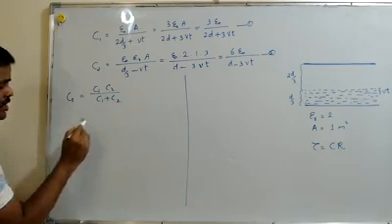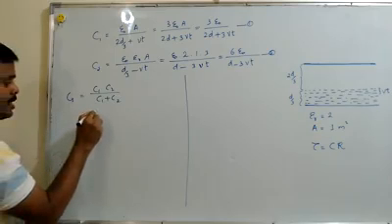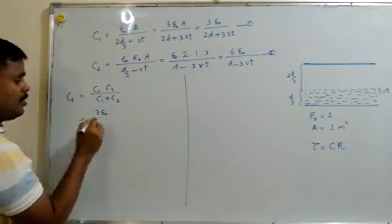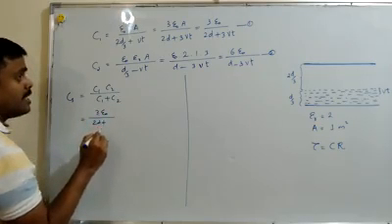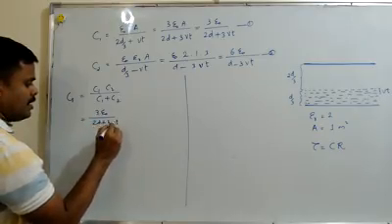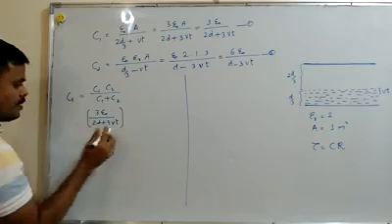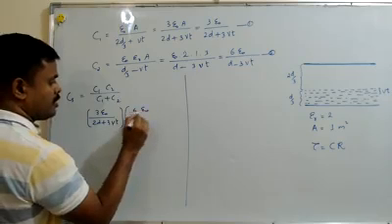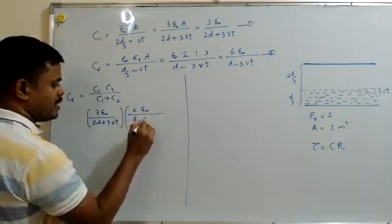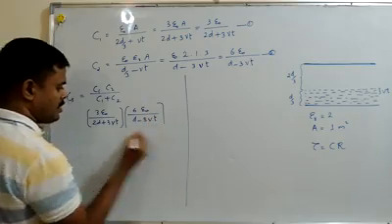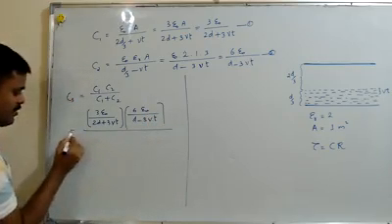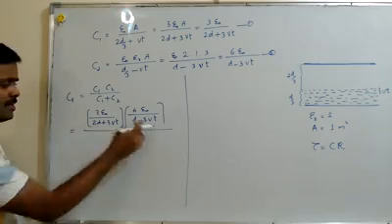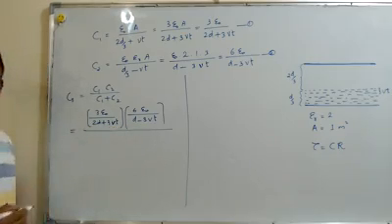I'm just substituting for C1 and C2 here. C1 is how much? 3 epsilon 0 by 2D plus 3VT. This is C1. C2 is given 6 epsilon 0 divided by D minus 3VT. The whole of this divided by C1 C2 by C1 plus C2 should be taken.